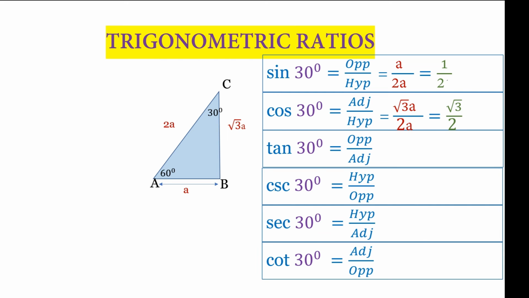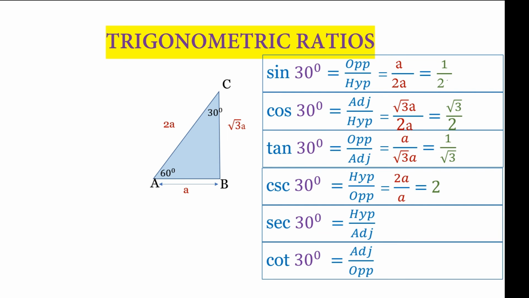Next for tan 30, opposite by adjacent. Opposite side is AB, adjacent is BC for angle C. So substituting those values, the value would be 1 by root 3. Next for cosecant, hypotenuse by opposite means 2a by a, that gives 2 as the value.